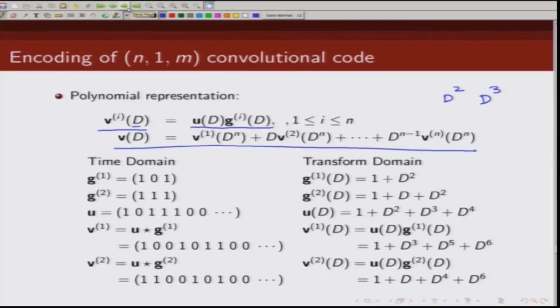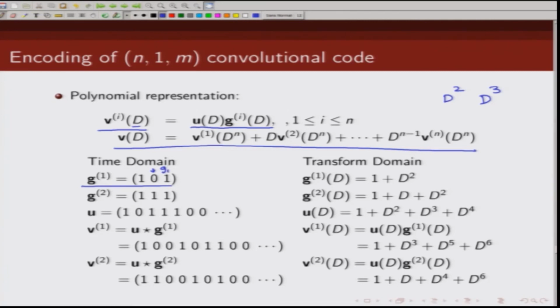So, G1 is 1 0 1. Now, what does this 1 correspond to? 1 corresponds to this connection G0, which is linking my input UL. So, that would be UL without any delay. So, that would be 1. What was this? This corresponds to G1, that is input delayed by 1.